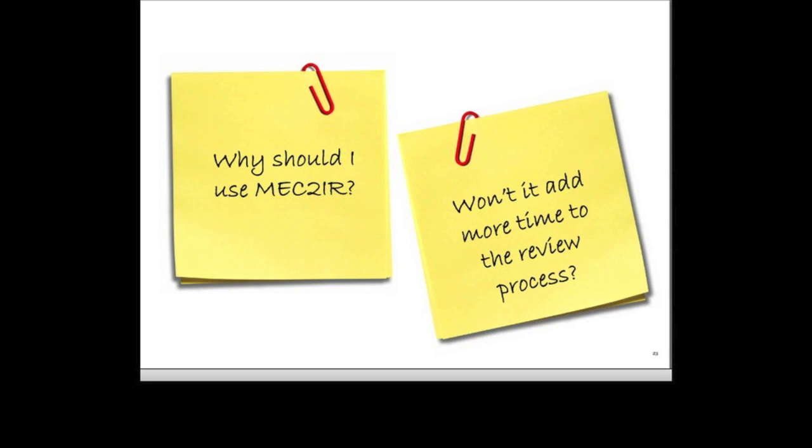Yeah, I think this is a very important question, Sean. I'll address the first one. Why should I use the MEC2IR guidelines? I think the main thing that these expectations set forth is in the title. They're expectations that we have as a methods group and Campbell-wide for what the review teams should be putting forth in their reviews.